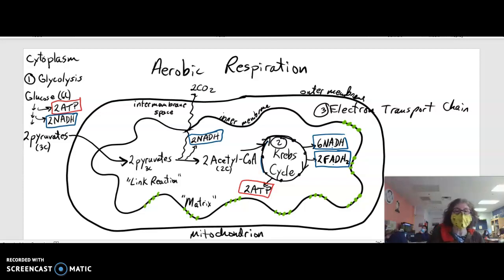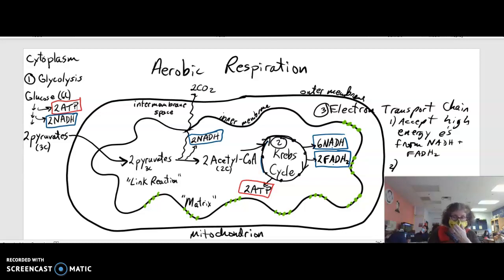And what do they do? They accept high energy electrons from NADH and FADH2. They accept them.